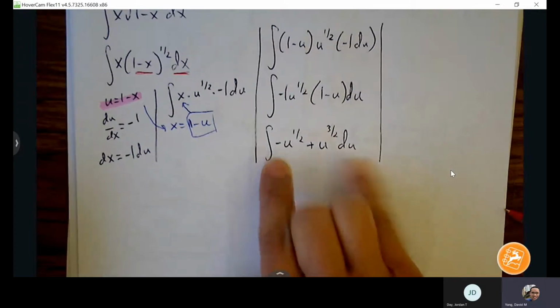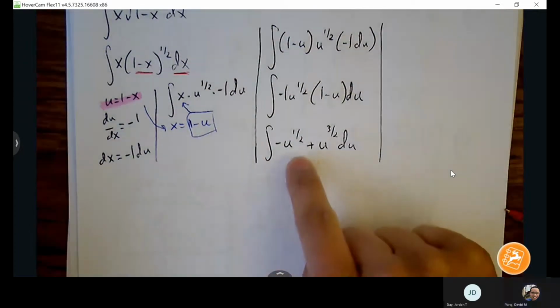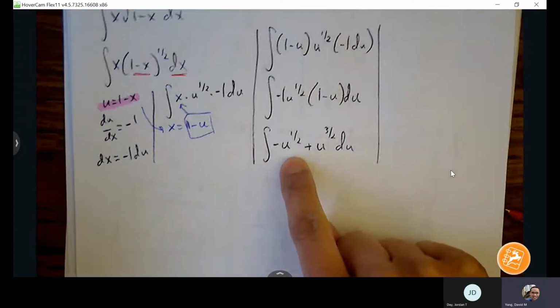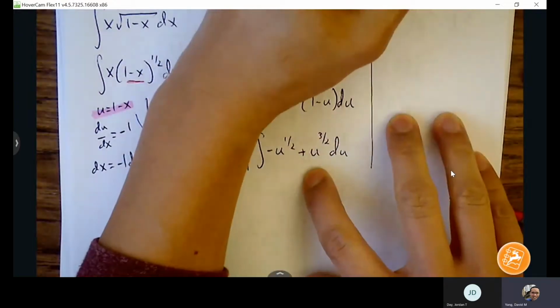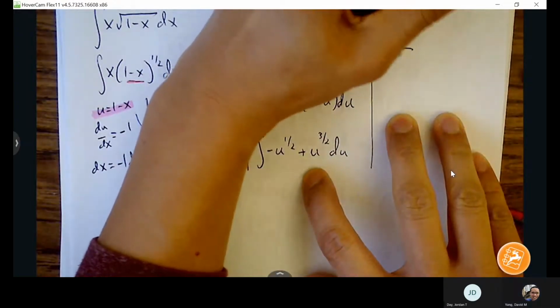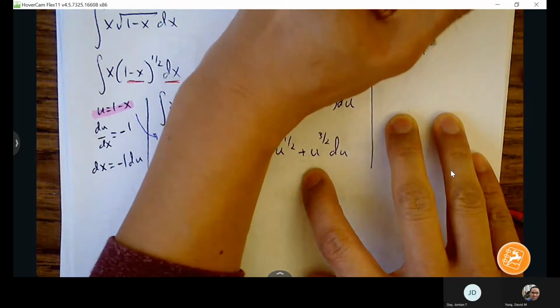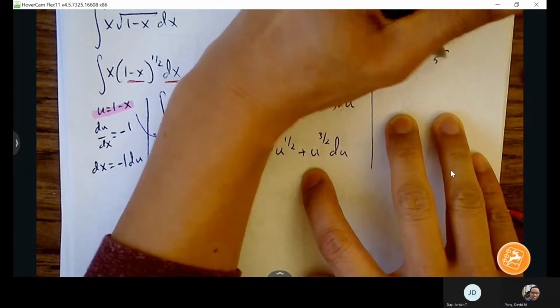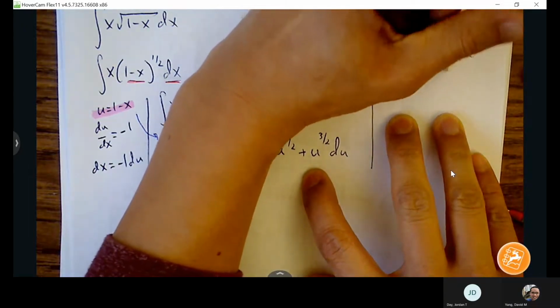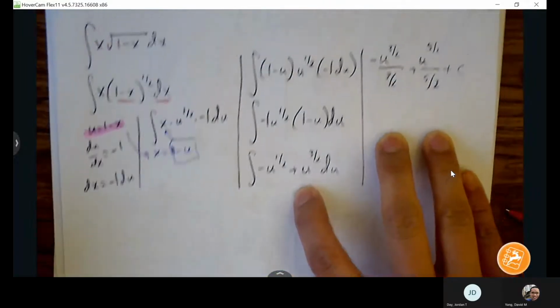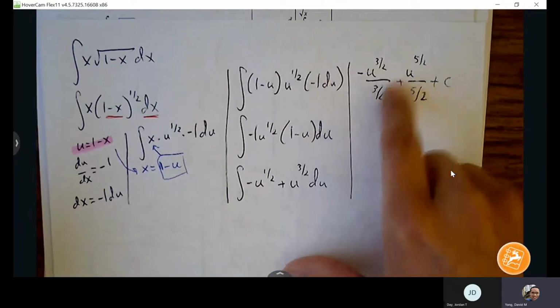Now we're ready for power rule, right? All the x's are gone. We took care of them. Now we can do power rule here. Flip the fractions up to the top.